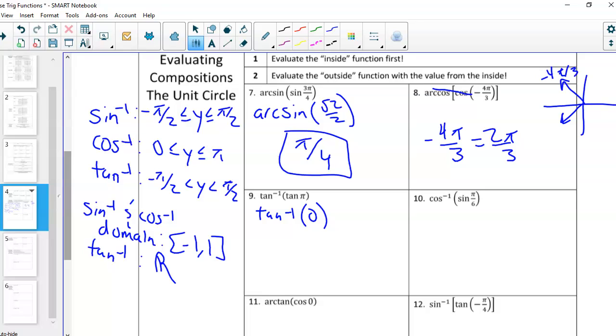Zero. 0 is in between negative pi over 2 and pi over 2. So normally we start at 0 and we go around. For these ranges, start at negative pi over 2 and go up to pi over 2. That's like our starting and end point.